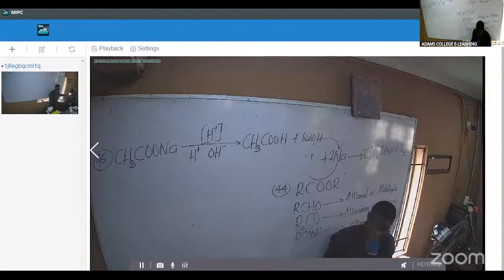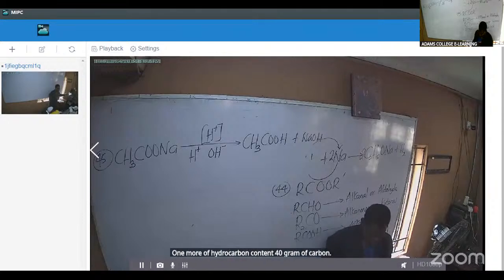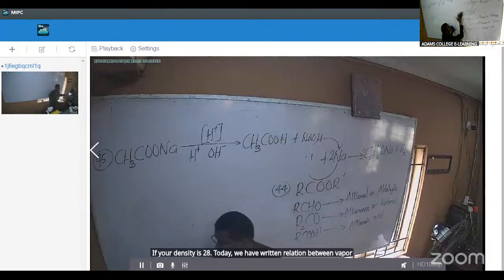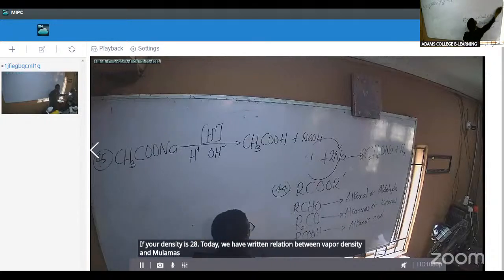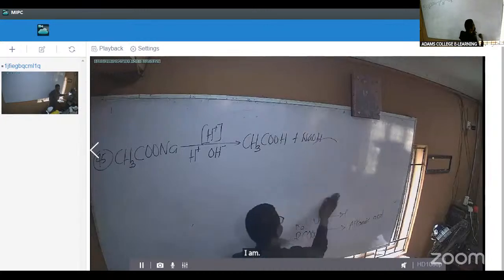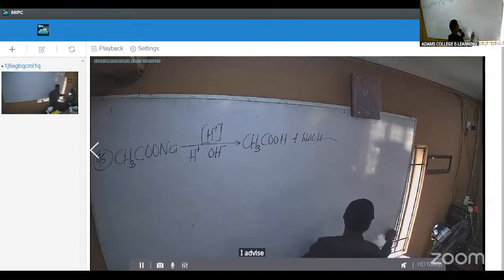One mole of hydrocarbon contains 40 grams of carbon. The vapor density is 28. Today we have written the relation between vapor density and molar mass. I advise you, get this question again and try and redo them.